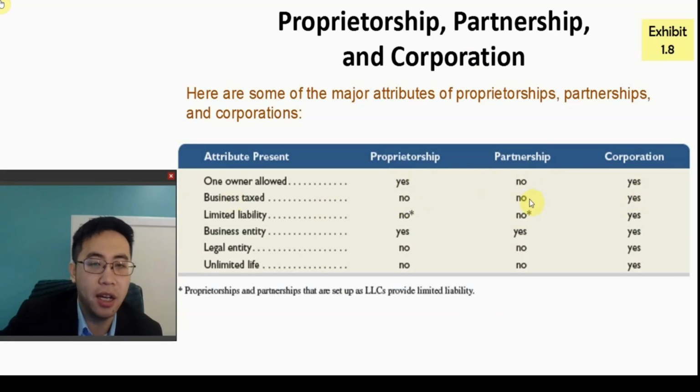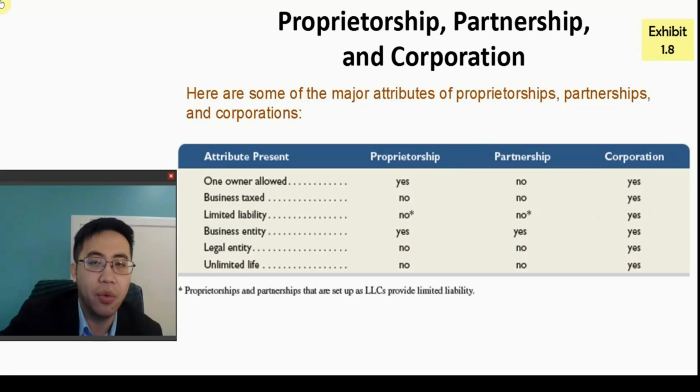And I cannot say that the income tax rate is always lower than the corporate tax rate. At certain levels of income, the income tax rate could be higher than the corporate tax rate. But what is better for these two kinds of businesses is that they pay only one tax. It's called single taxation. Whereas corporations pay two taxes, not just a corporate tax, but also income tax.